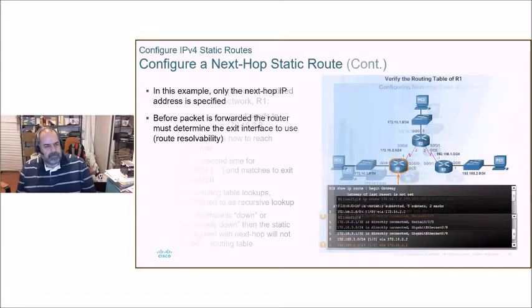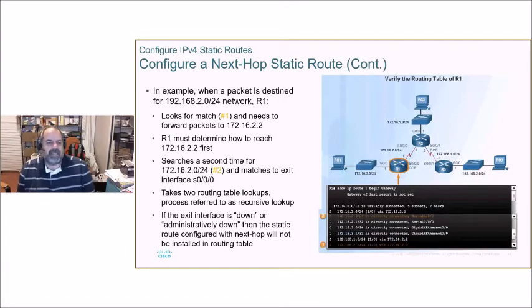So with the next hop, we've got this entry there. It's got a next hop, and so then you actually need to look up 172.16.2.0, and then okay, that's out S000. So that's actually a second lookup that it has to do on a routing table, and so it's not the quickest way to go.